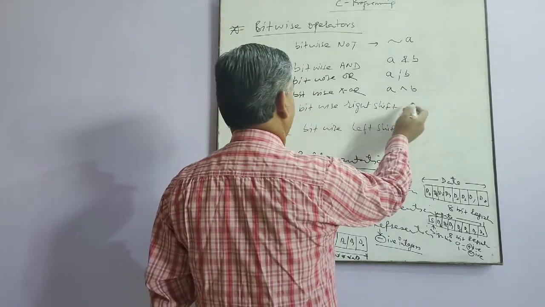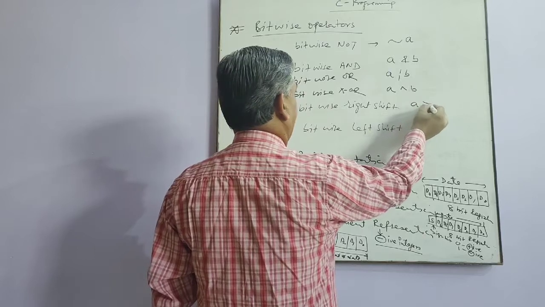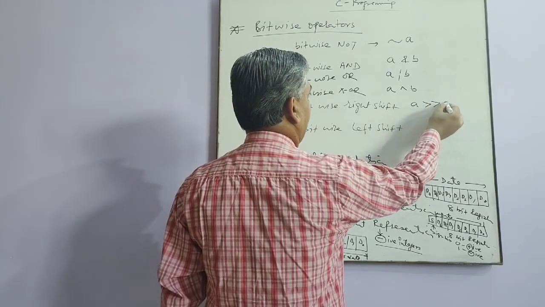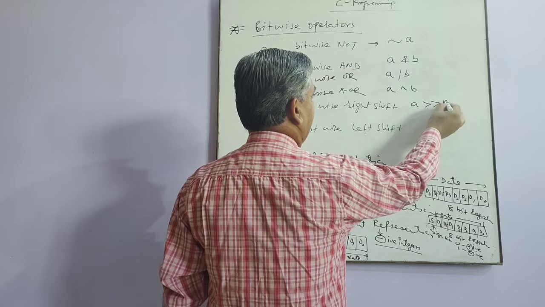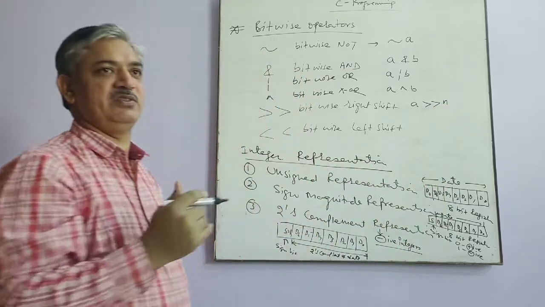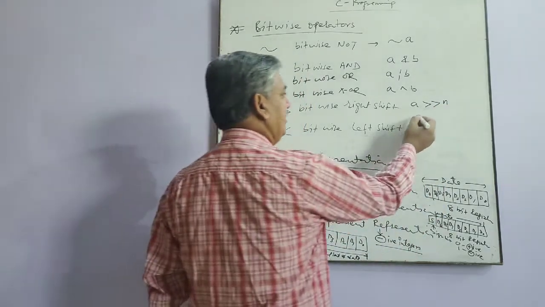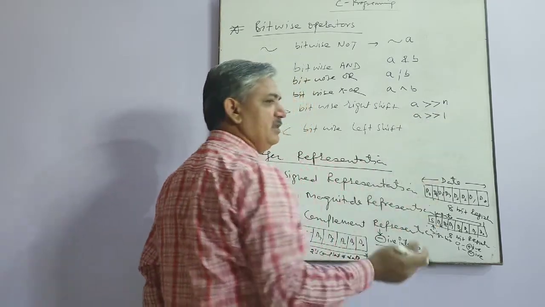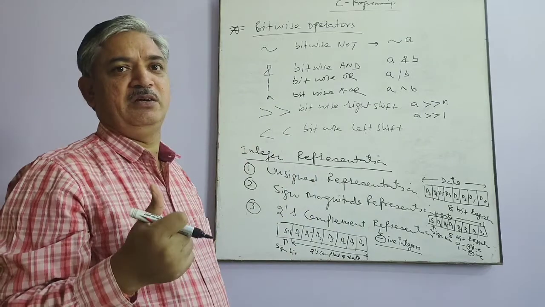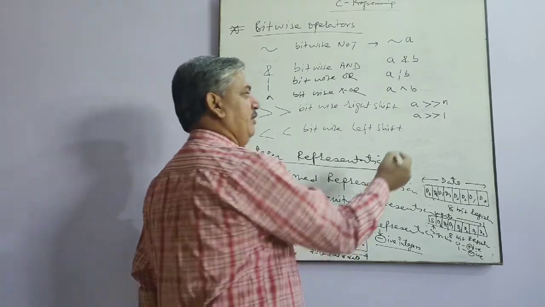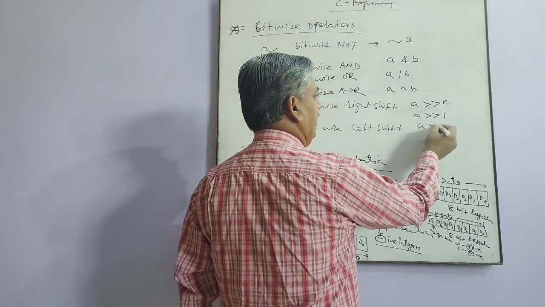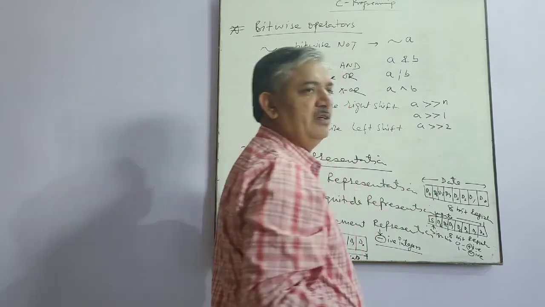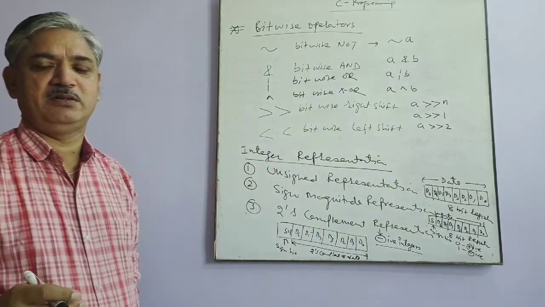Bitwise right shift: A, that symbol, and here N, this N indicates the number of shifts. For example, when I write A right shift 1, it means shift by 1 bit. When I write A right shift 2, shift by 2 bits.